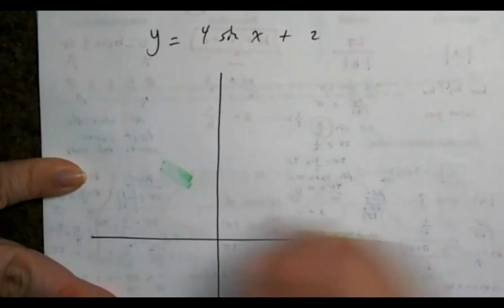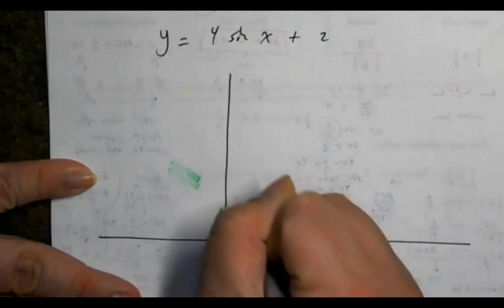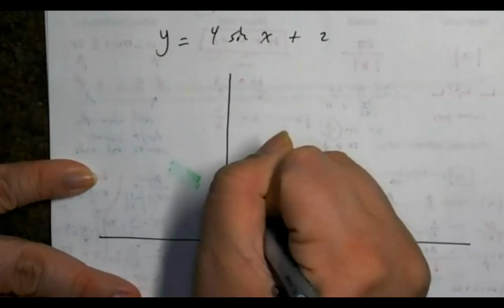Let's say, for example, I gave you y equals 4 sine x plus 2. So this is really rough here.